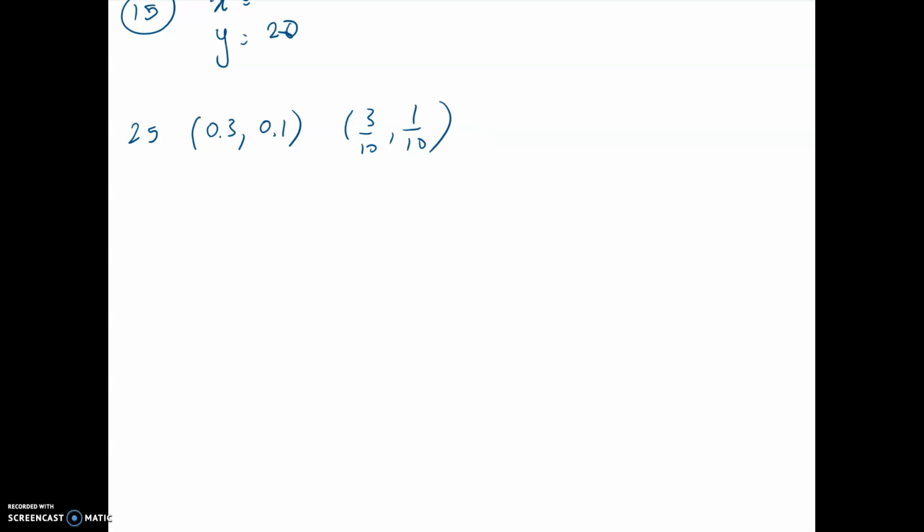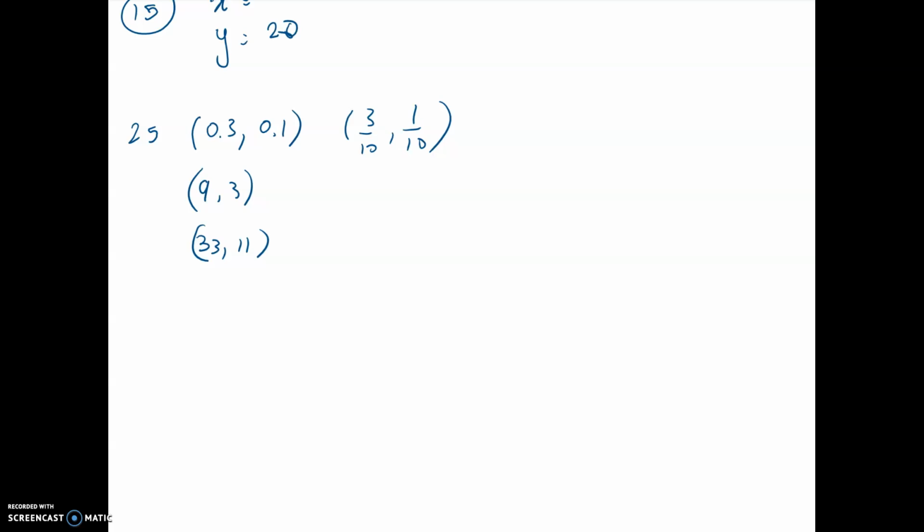And we have the point 9 and 3, and we have the third point 33 and 11. 33 for x and 11 for y. And we have to calculate the tangent of the angle and the secant of the angle.